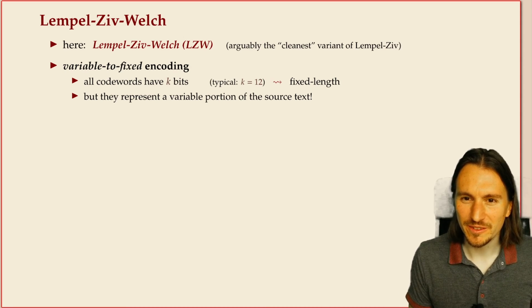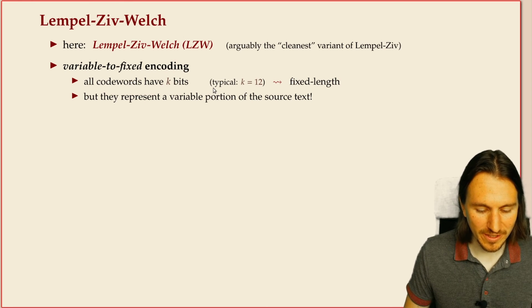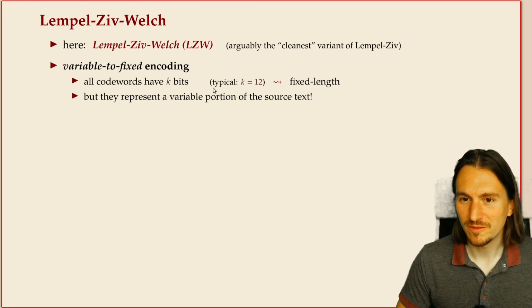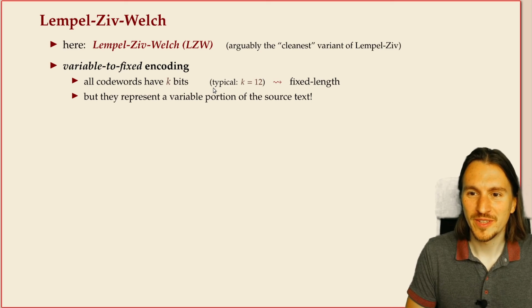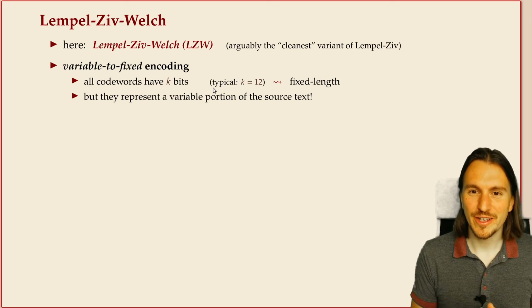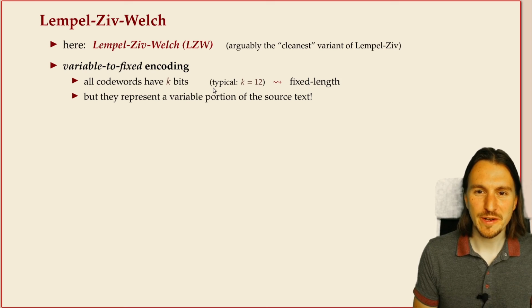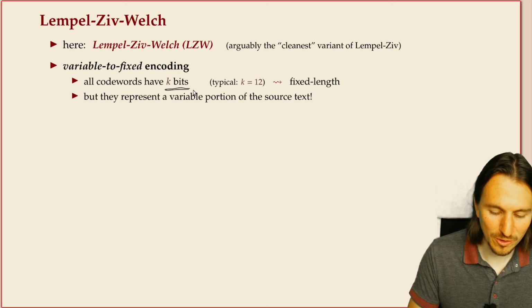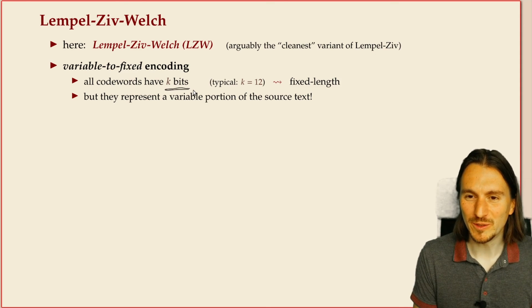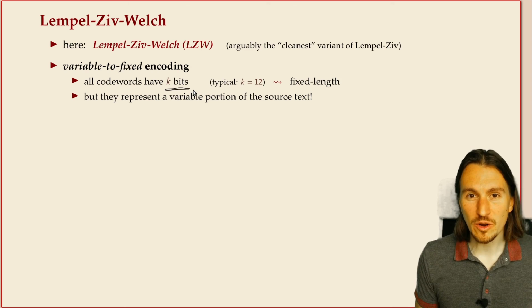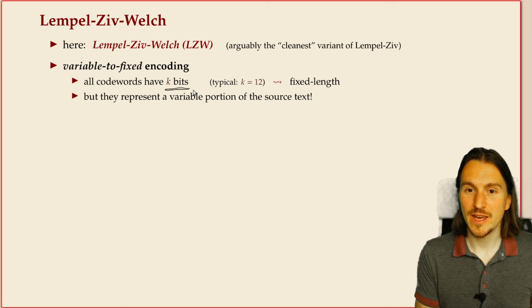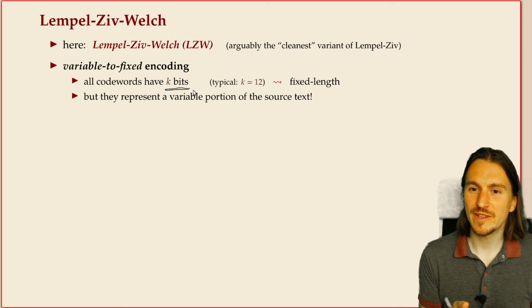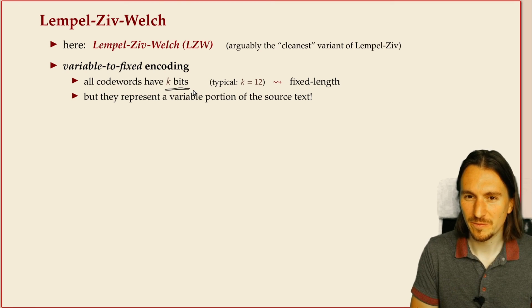I won't go into the details, but today I just want to give the core setup. Lempel-Ziv Welch will be an instance of a variable to fixed coding. So we will fix a length for the code word. A typical choice in practice is 12 bits. And then all the code words will use exactly k bits, but they will represent a variable portion of the source text.